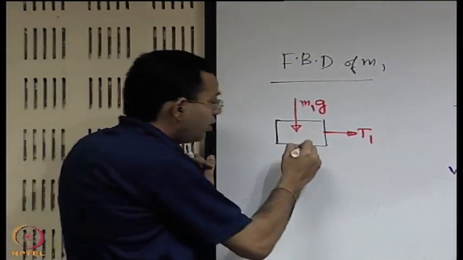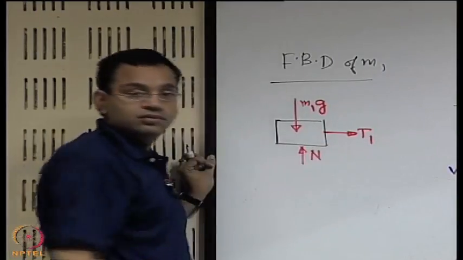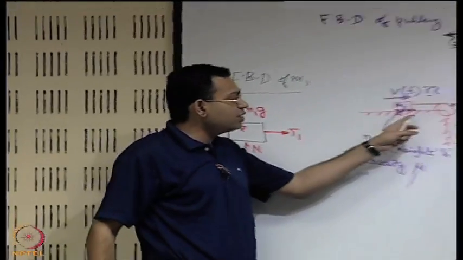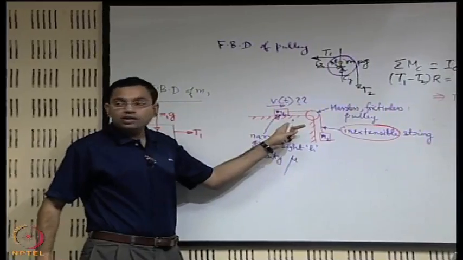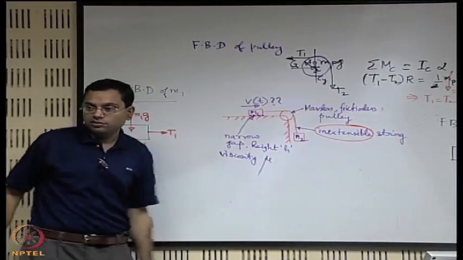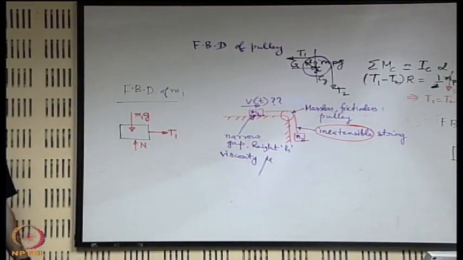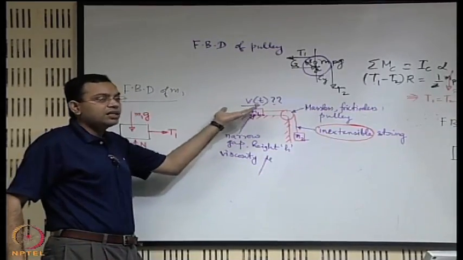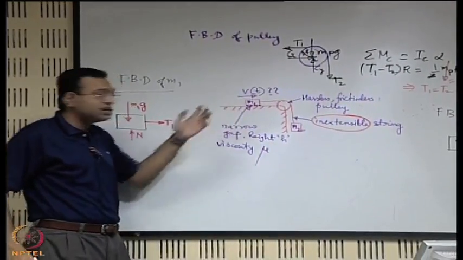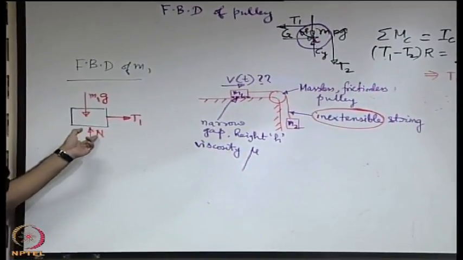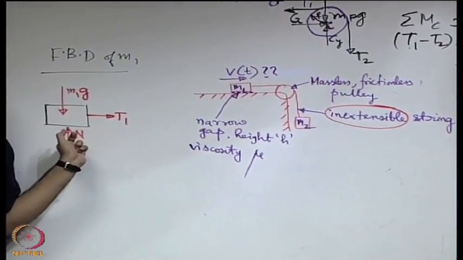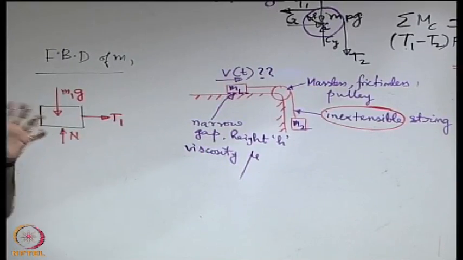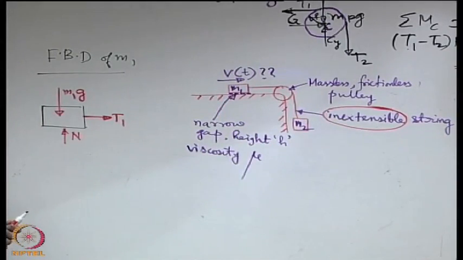What is the origin of this normal reaction? This is not a direct contact between the solid boundary and the block. There is some fluid, and there is a pressure distribution at the interface between the fluid and the solid. So the resultant of that pressure distribution gives rise to this normal reaction. Of course, it is the same normal reaction we have drawn, but we have to understand where it physically originates.